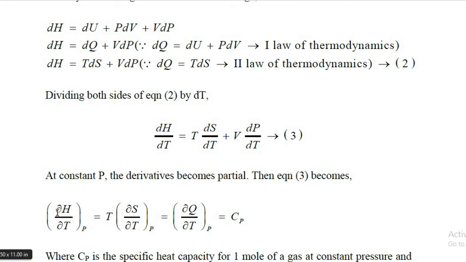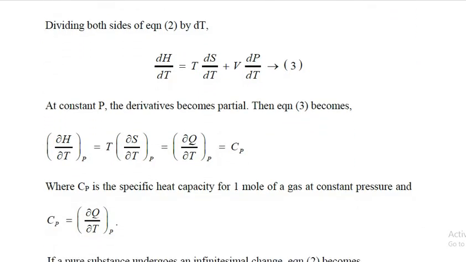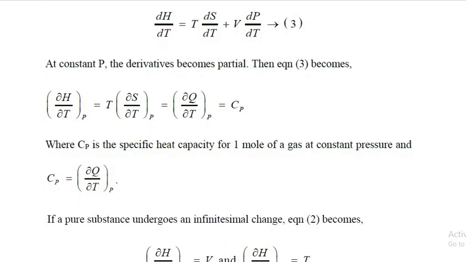So we are going to write ∂H/∂T at P is equal to T into ∂S/∂T at P. What is T into ∂S? It is ∂Q. So ∂Q/∂T at P. This is nothing but Cp, where Cp is the specific heat capacity for 1 mole of a gas at constant pressure. And Cp is given by ∂Q/∂T at P.